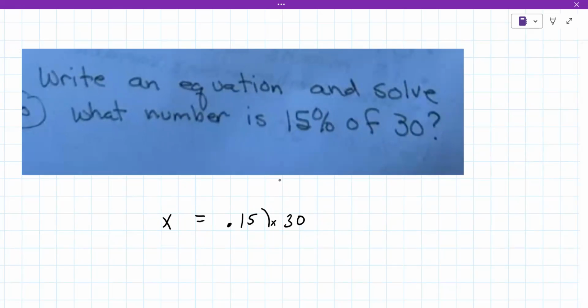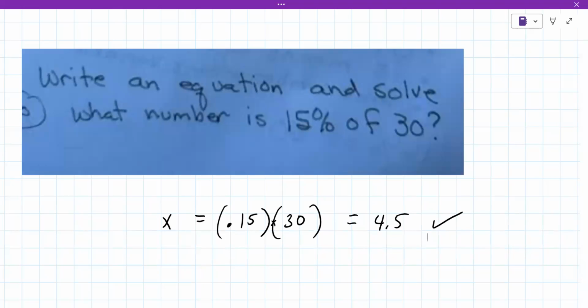You just have to take, like we've been doing, 15% times 30. 15 times 30 is 450, but 4.50. Very good.